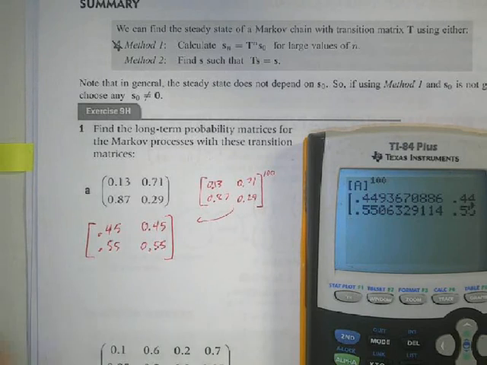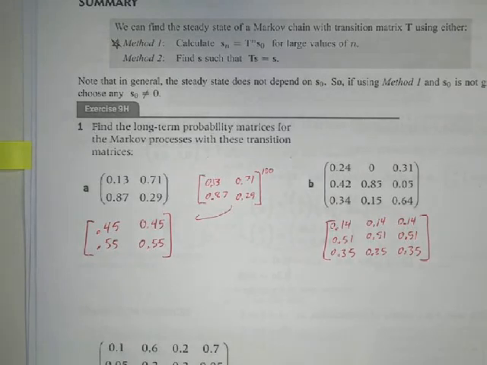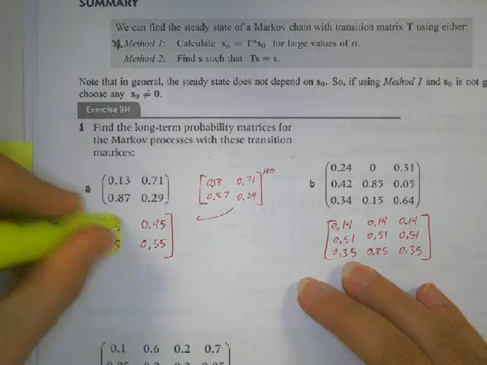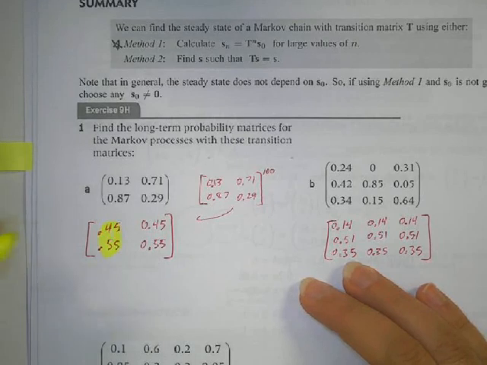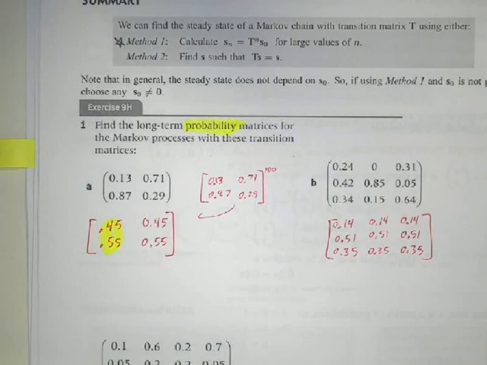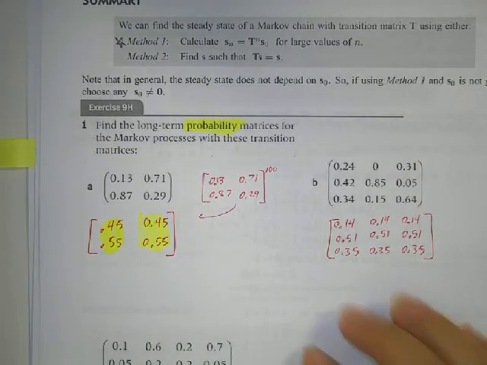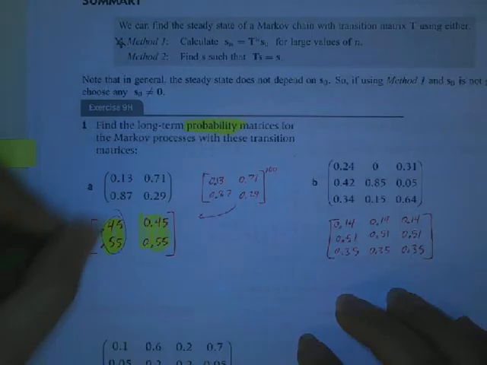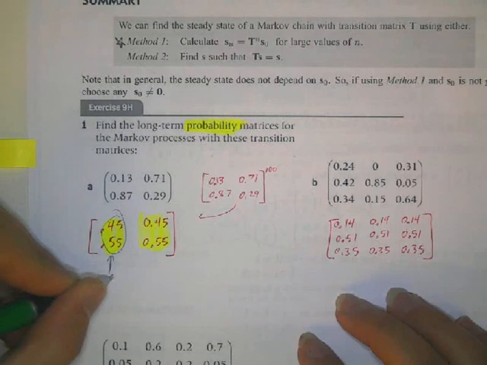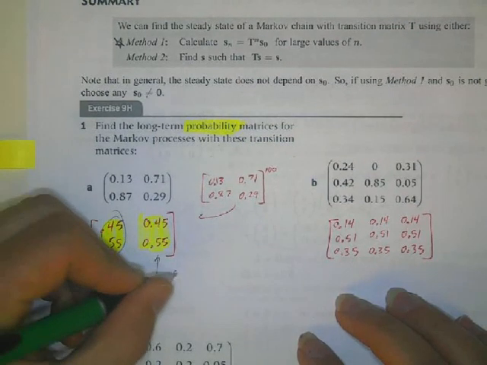Something very, very important whenever you're doing these transition matrices is that all of these probabilities, because this is probability, right? Since it's probability, these have to add up to 1. The sum equals 1.